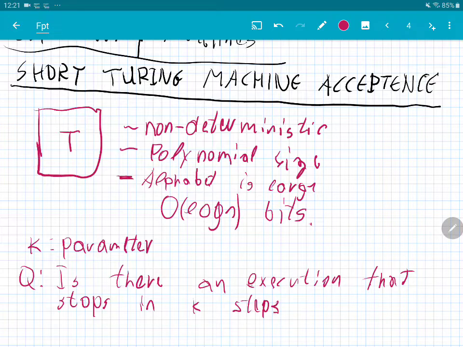Now we don't really need to worry about the input, because since we're going to speak about reduction, you can think about the input as being hard coded into the machine, so that's not going to be a big deal.